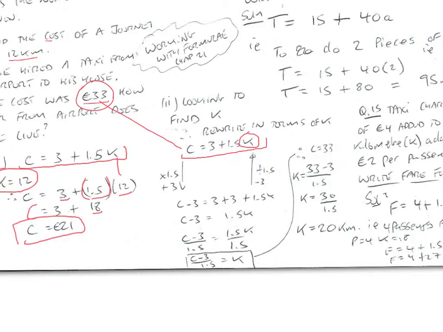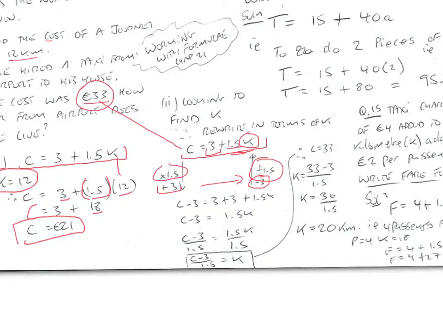Well, as usual, we consider what's happening to K, and we see that K has been multiplied by 1.5, and 3 has been added to the term that contains K. So our solution will mean that we'll take minus 3 from both sides, and we'll look to cancel, and after that we'll divide all the remaining terms by 1.5.